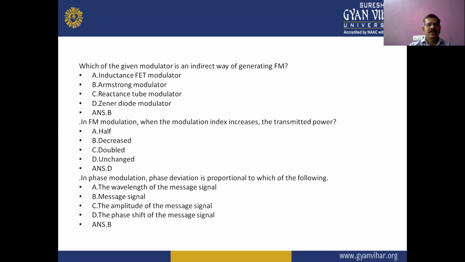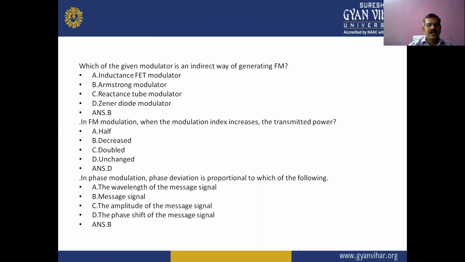Next one is, which of the given modulators is an indirect way of generation of FM? Option A, inductance FET modulator, B, Armstrong modulator, option C, reactance modulator, option D, Zener diode modulator.